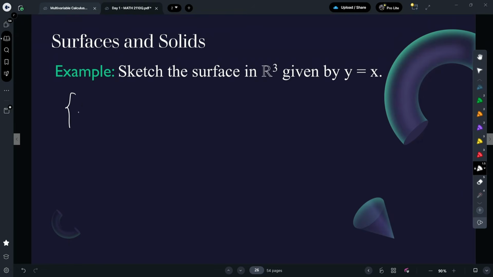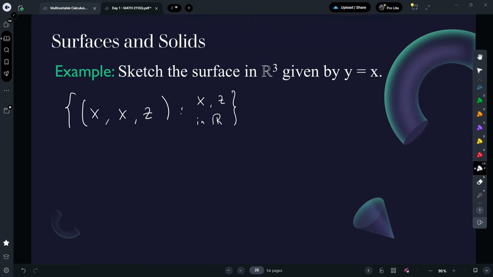So it has to be points (x, y, z), but y I already know if I fix x. So it has to be (x, x, z), with any value for z. So now x and z are any real numbers.